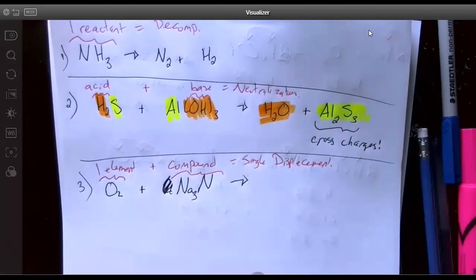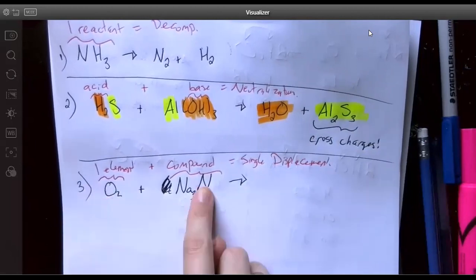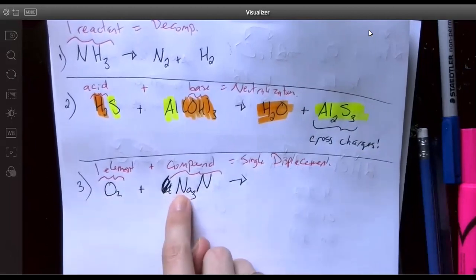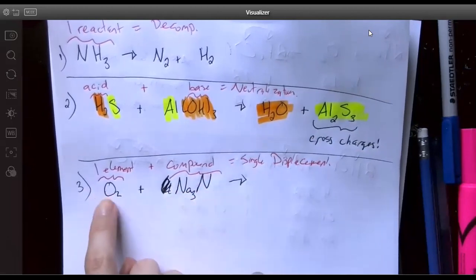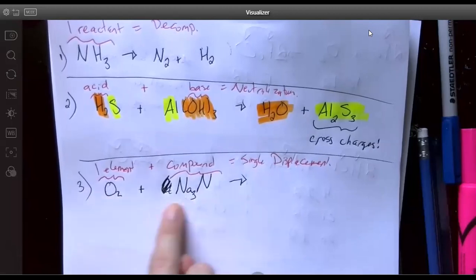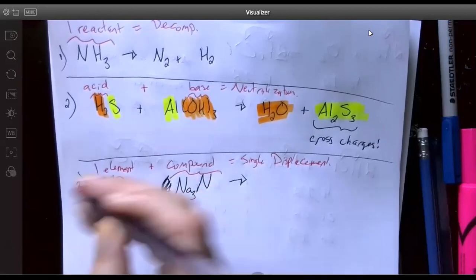When that happens, we need this lone element to switch places with either of the elements in our compound. Because in this case, my lone element is a non-metal, it has to switch places with the non-metal in the other compound.